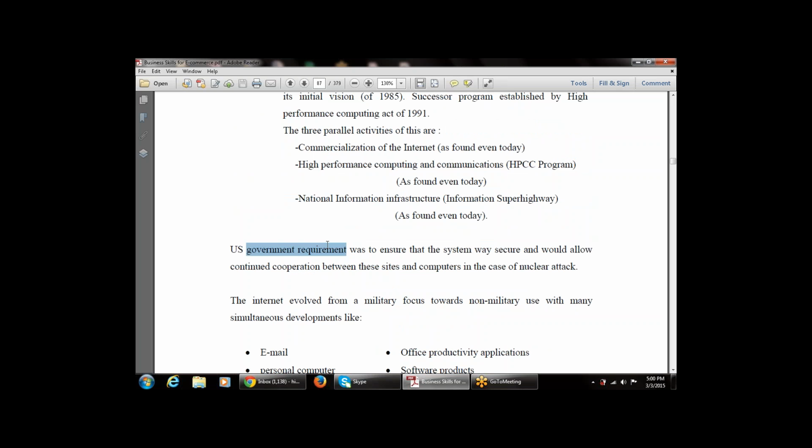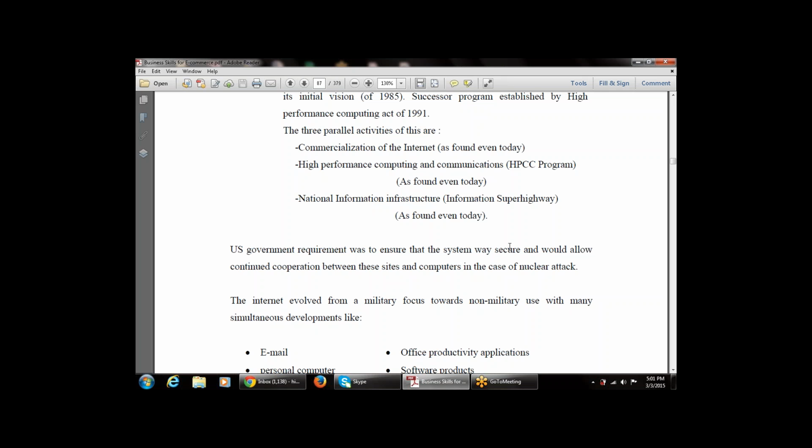And then the US government requirement was to ensure that the system was secure, and would allow continued cooperation between these sites and computers in the case of nuclear attack. The internet evolved from a military focus towards non-military usage with many simultaneous developments.